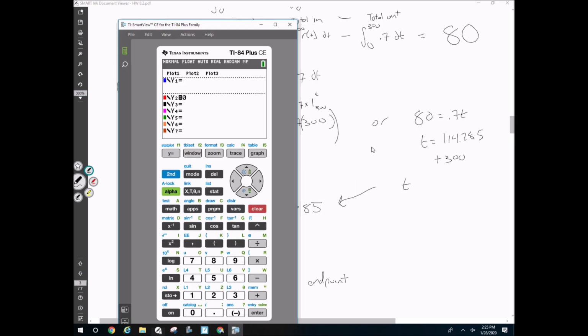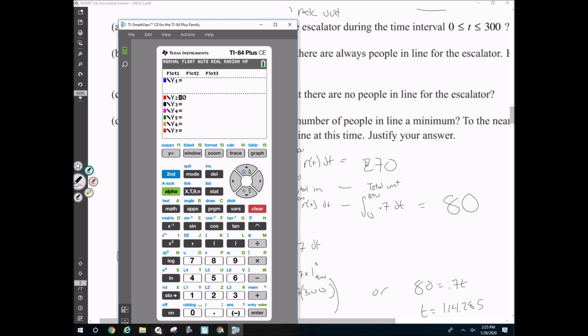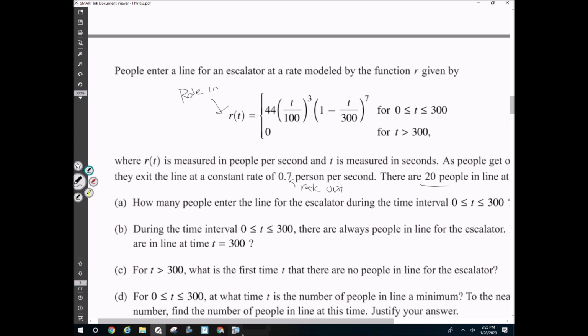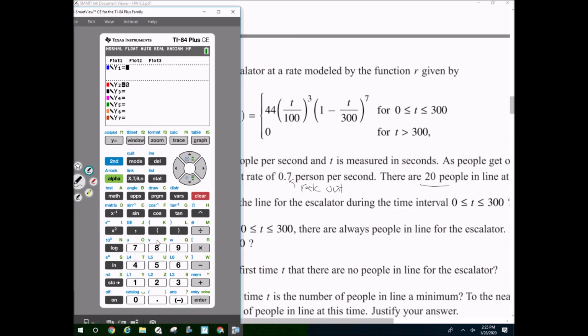So I'm going to graph R minus 0.7: 44t over 100 cubed times 1 minus t over 300 to the 7th, minus 0.7. We're looking from 0 to 300.